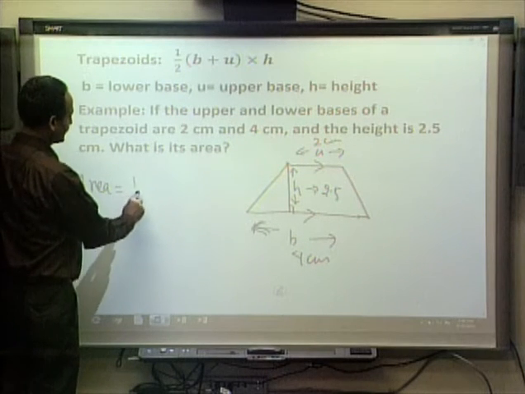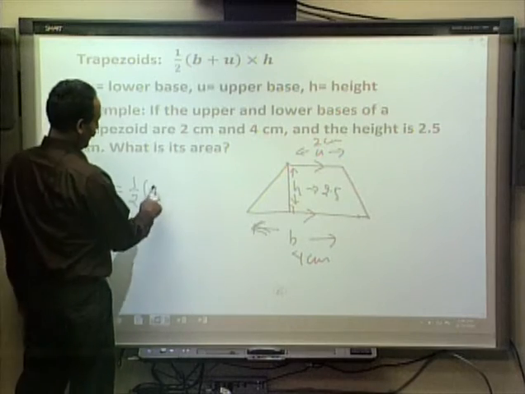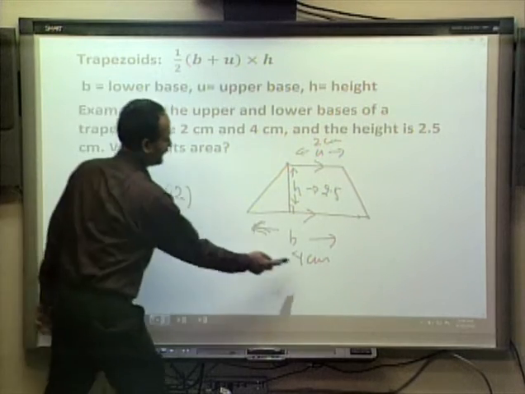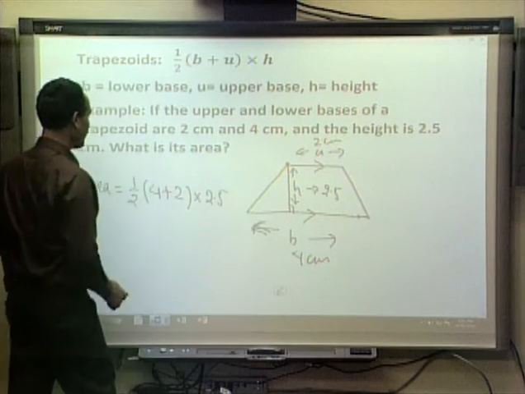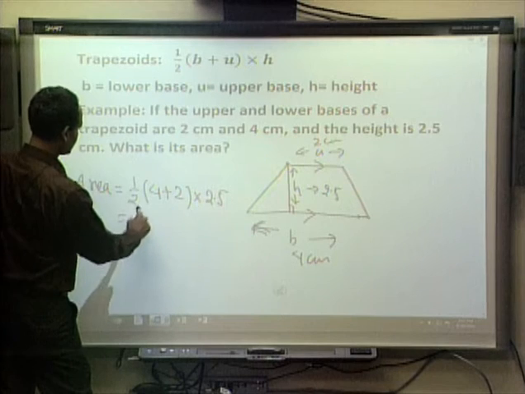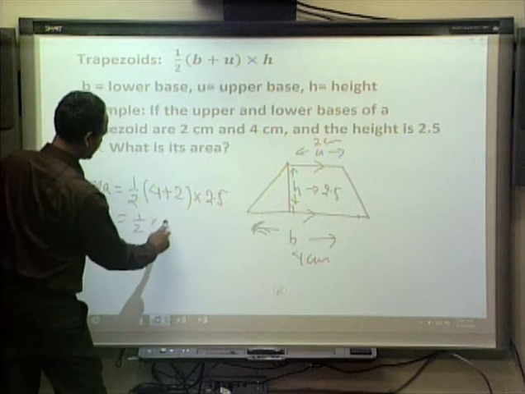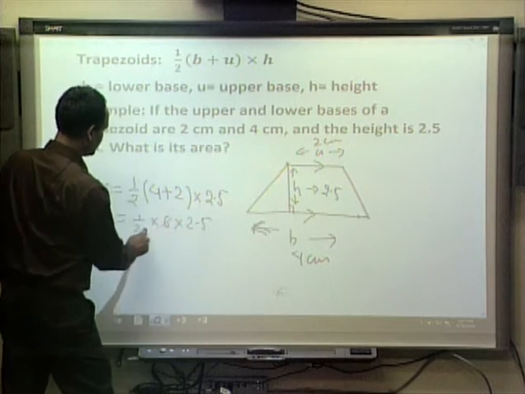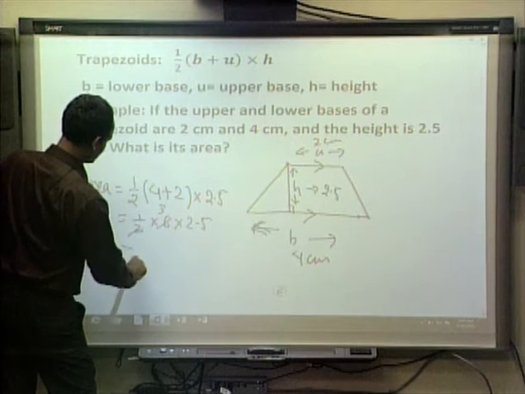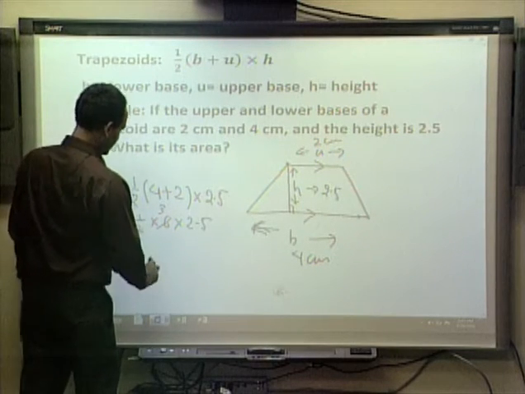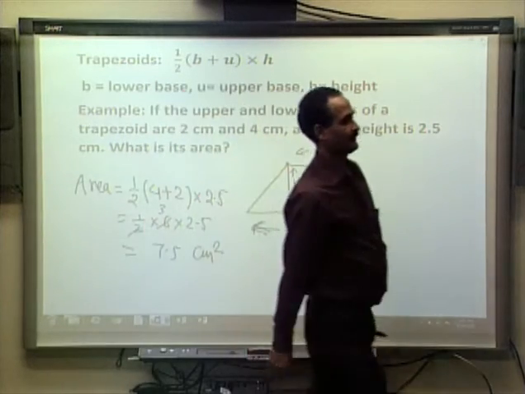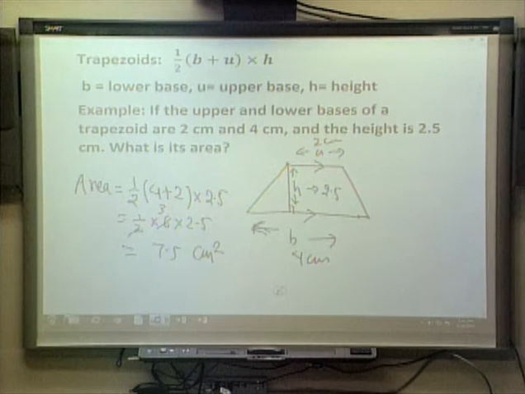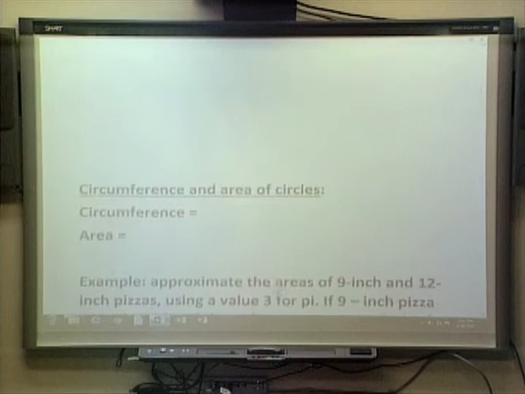According to that formula, the area is half times (4 plus 2) times the height, which is 2.5. So, 4 plus 2 is 6, half times 6 times 2.5. So, this will be 3 times 2.5, which is 7.5 centimeter square. Okay.